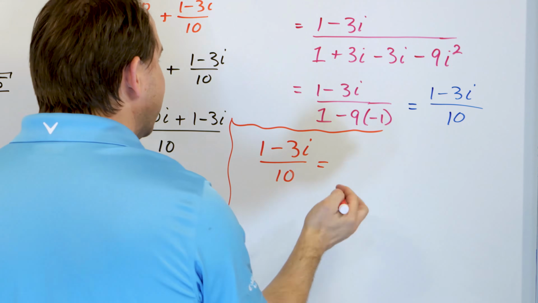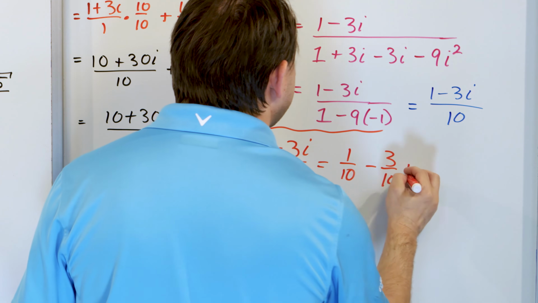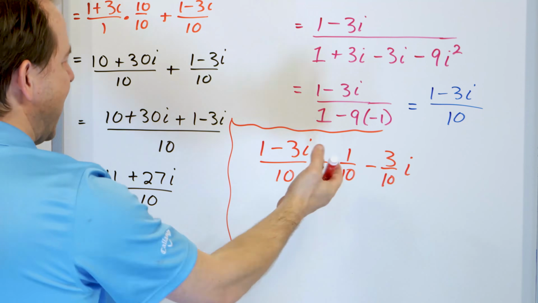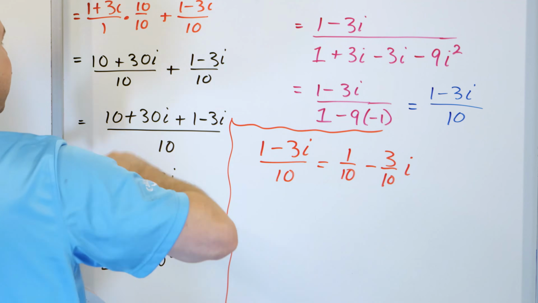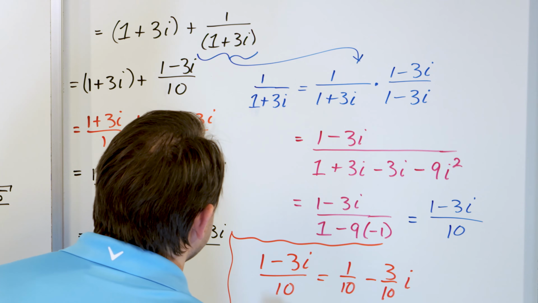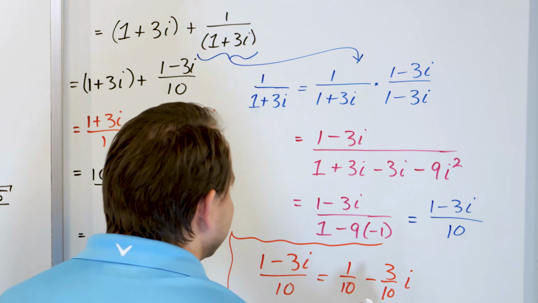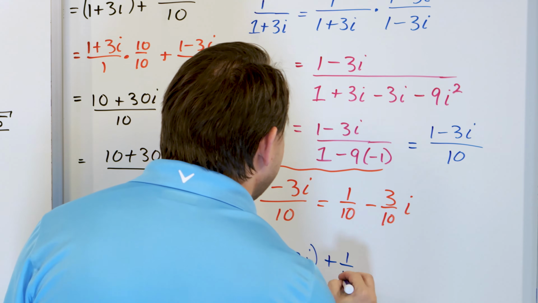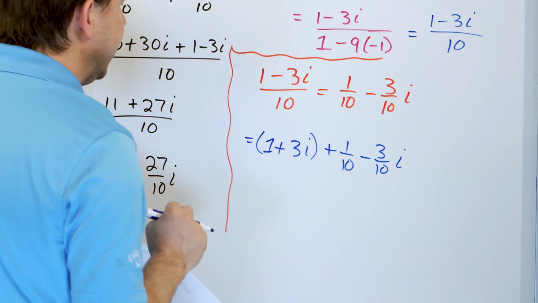If I had to break these up, it would be 1/10 minus 3/10 times i, right? That's what would happen if I had to do that. And then if I take this complex number and put it back into there, it would be 1 plus 3i, that was what we had in the first part of the function, plus this guy here, plus 1/10 minus 3/10 times i.